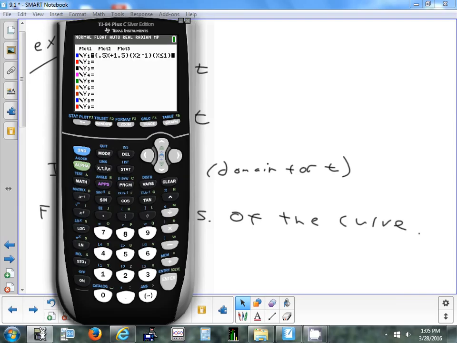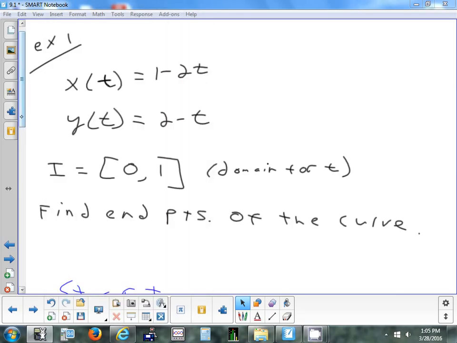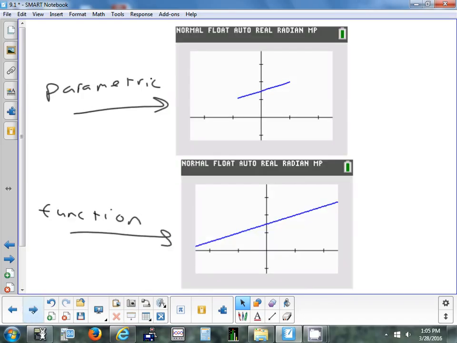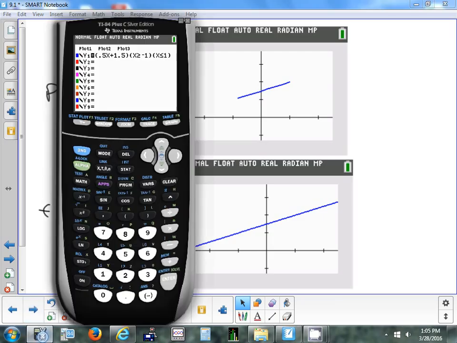Now, everywhere that it is not between -1 and 1, it's just going to trace along the x-axis. I can't fix that. But we should only see this part sketched on the screen. Everywhere else, it's going to sketch blue on the x-axis. So let's see how that works.